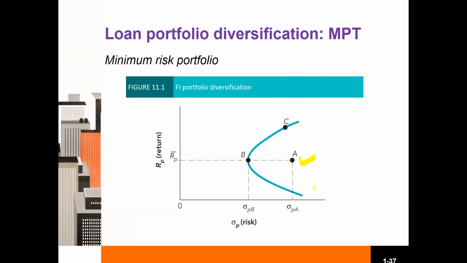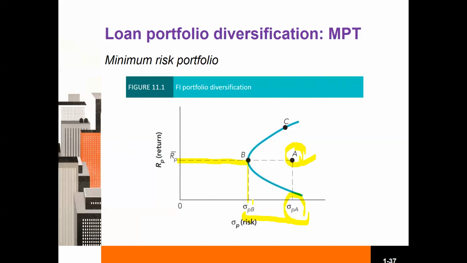When you have an undiversified portfolio, your risk is here. Now, combining securities in a portfolio and having the diversification benefit, the risk can be reduced from sigma PA to sigma PB. So you can see that you generate the same rate of return, but at a lower level of risk.